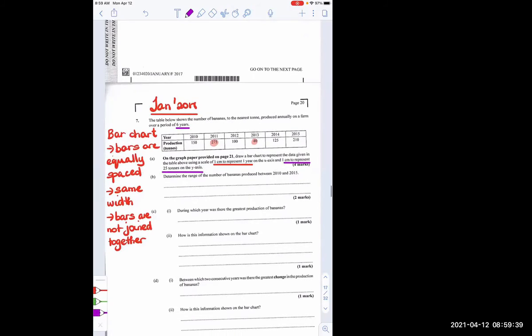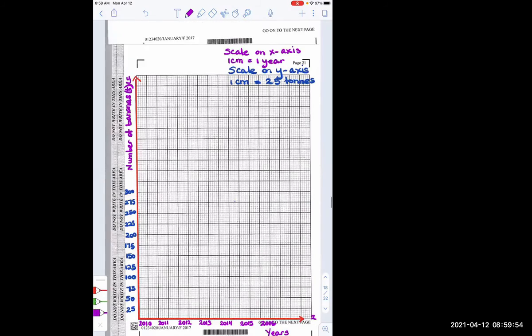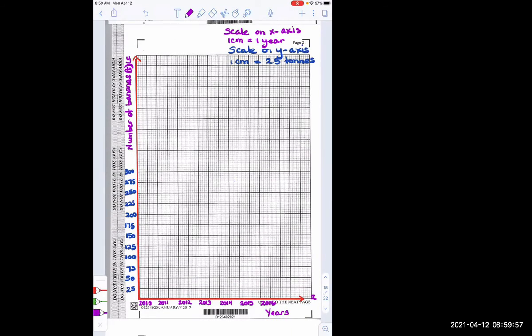So we want to point out a couple of things before we start plotting the graph. The question is worth 4 marks. You're not going to get 4 marks for drawing the bars on the graph. Here's how the marks are divided. You are getting 1 mark for labeling the X and Y axes.